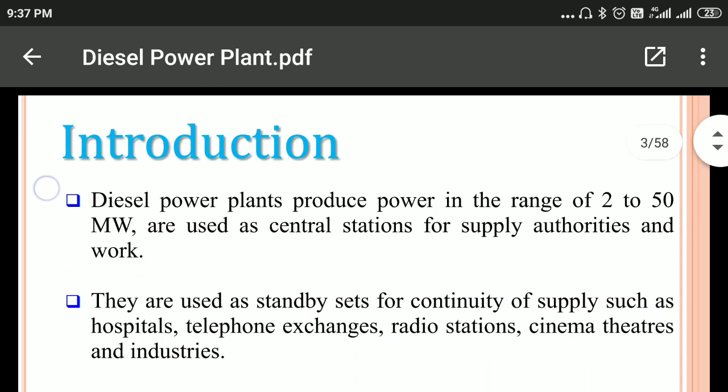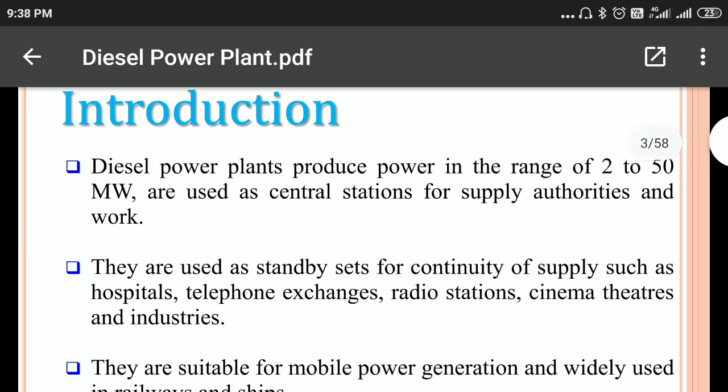The diesel power plant produces power in the range of 2 to 50 megawatt, meaning the power requirement is less. It can be used as a central station for supply authorities.